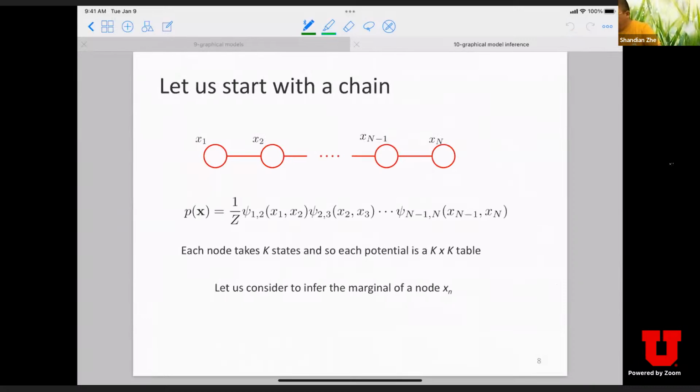Then if we want to compute the marginal distribution for a particular node xn, and we naively do the marginalization, what is the cost? Naively doing the marginalization means we apply the summation over all the variables other than xn and add up the joint probability. What's the complexity?